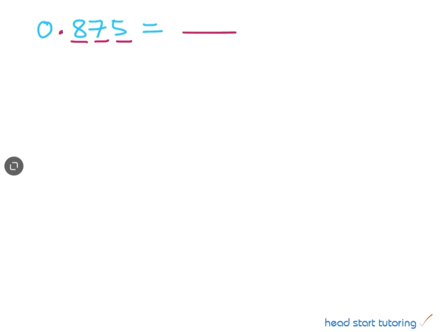That means that we are going to get a fraction that is out of 1,000. Because we have 3 decimal places, our denominator needs to be 1,000 because that has 3 zeros. If we only have 2 decimal places, it will be out of 100. If we have 1 decimal place, it will be out of 10, and so on.